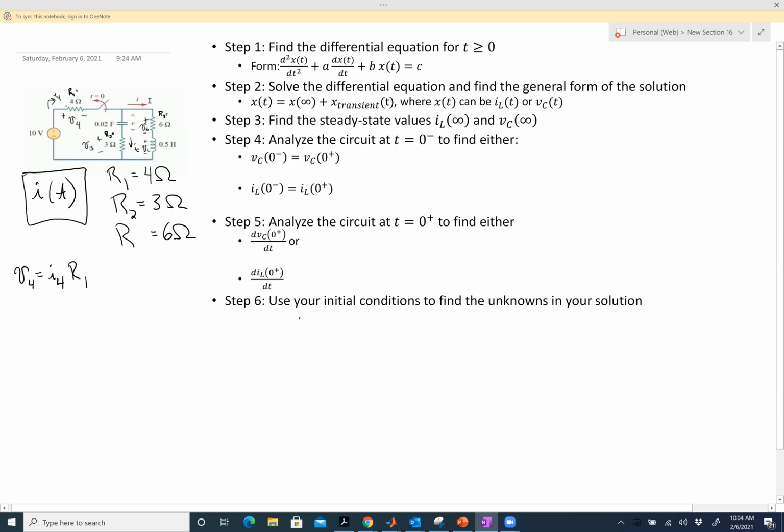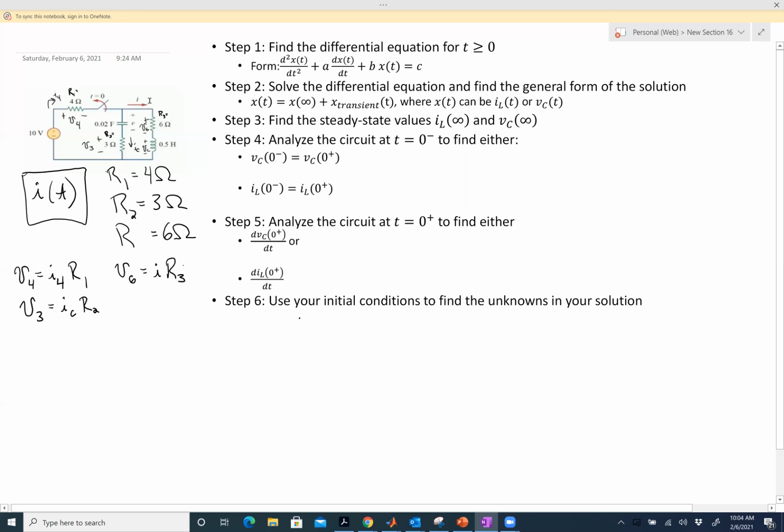Then for the other resistor R2, V3 is the voltage across it, equals IC times R2. Now notice I said IC because that's what I called the current going through that branch. And then I have V6, and that 6 ohm resistor is I times R3.